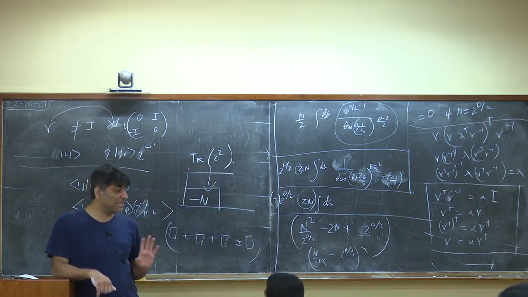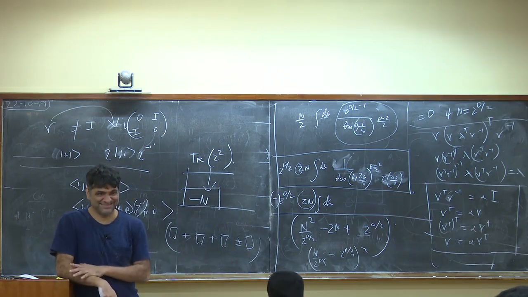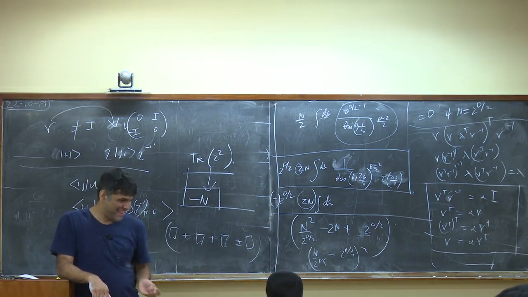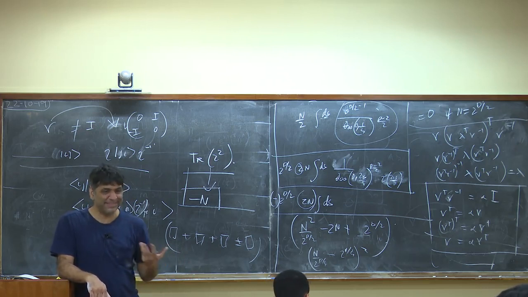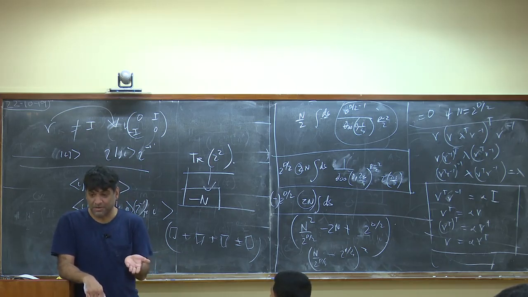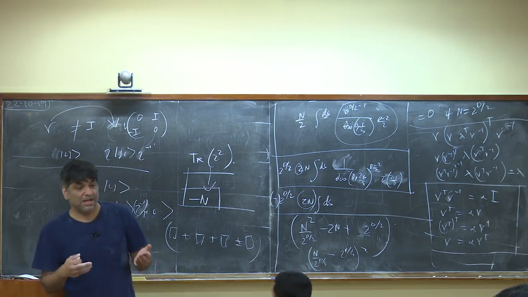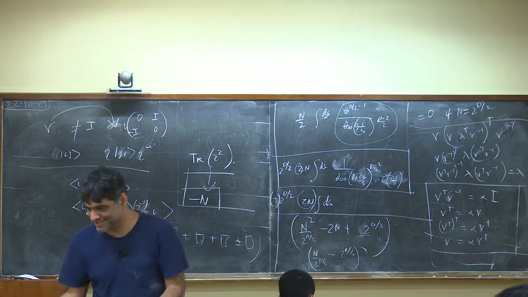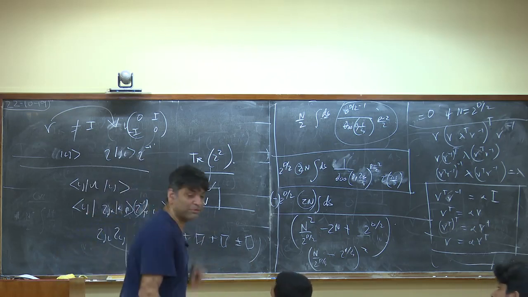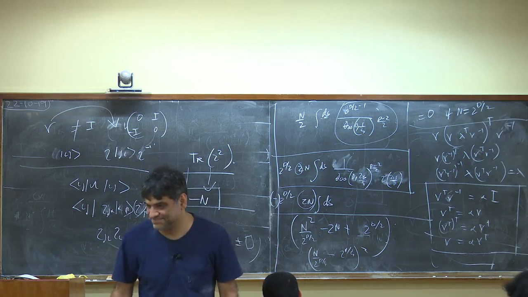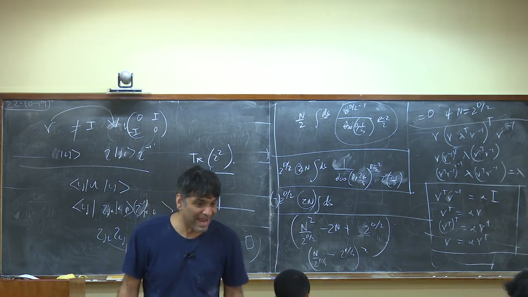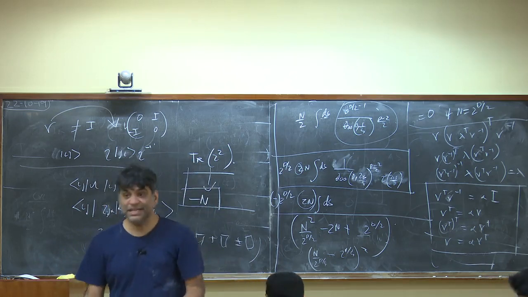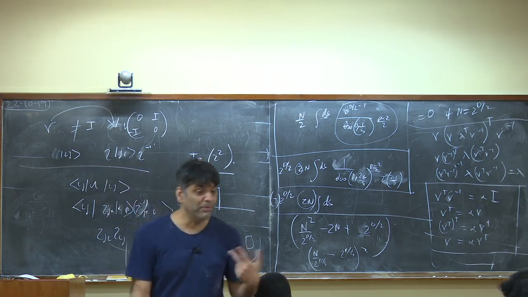So type 2A theory cannot be modded out by omega, because you cannot simultaneously impose gauging by orientation as well as the GSO projection that defines the type 2A theory. So this orientation gauging can only be done in the type 2B theory.